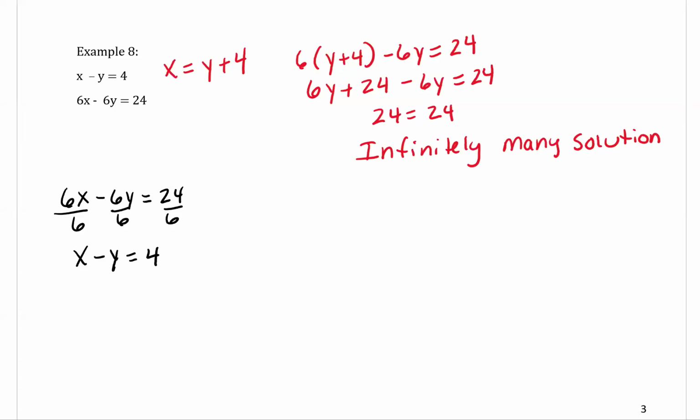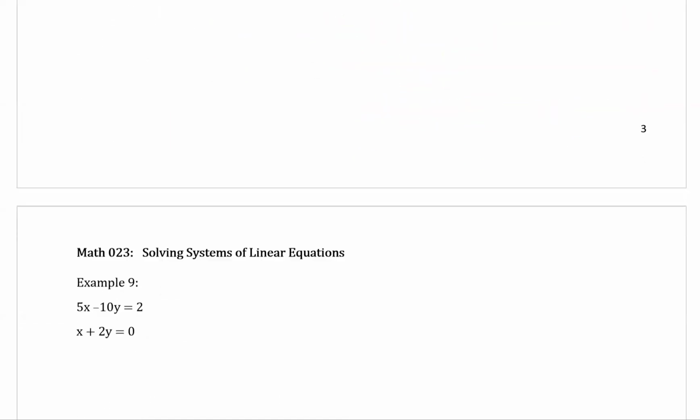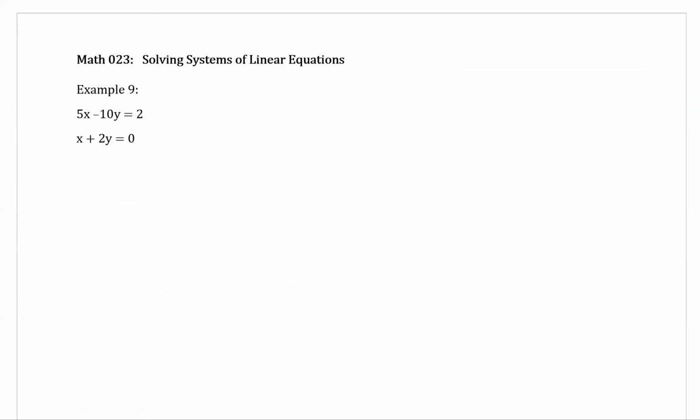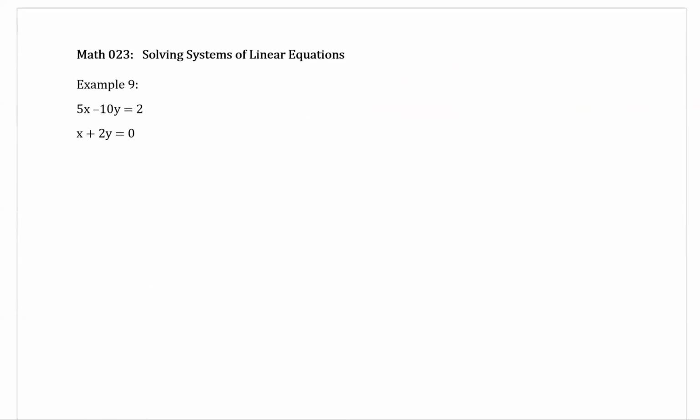All right, example 9. I would solve the second equation for x because it has a coefficient of 1, so just subtract 2y from both sides. Substitute in negative 2y for x in the first equation.